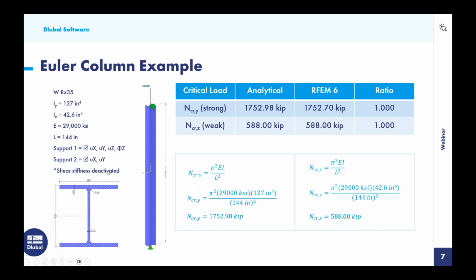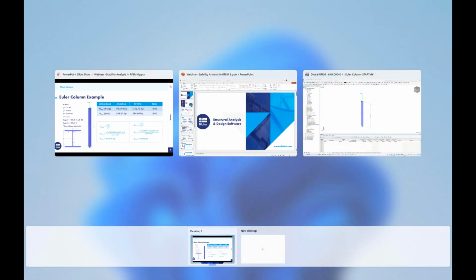It should be known that in the RFEM model that I'll show you in just a minute, the shear stiffness is deactivated for this comparison. It is possible within these formulas to take into consideration this shear stiffness, but it gets a little bit more complex. So just for ease of comparing these two examples, we'll go ahead and deactivate the shear stiffness.